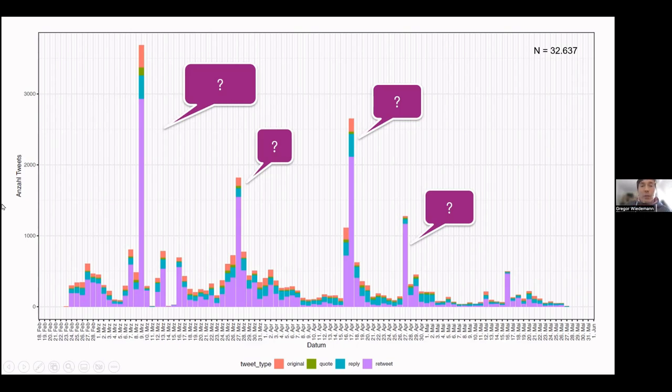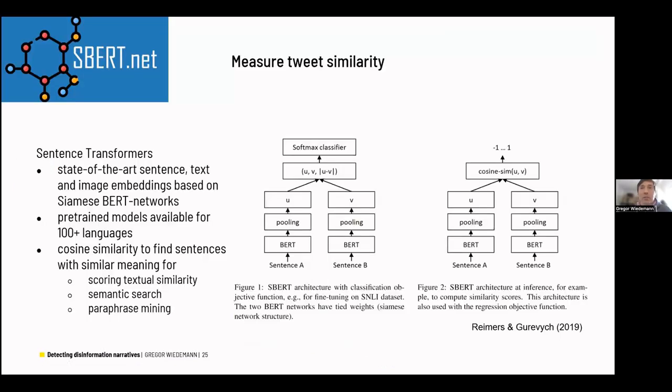So how can we now actually measure the similarity of what has been said? And we employ a method called sentence transformers for that. So you have heard already today, as I have heard, about transformer neural networks and the BERT technology. And sentence BERT is actually a variation of this BERT technology and a state-of-the-art embedding methodology to create embeddings that allow for similarity comparison of two inputs.